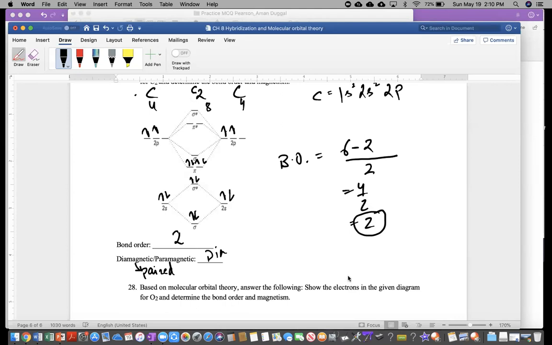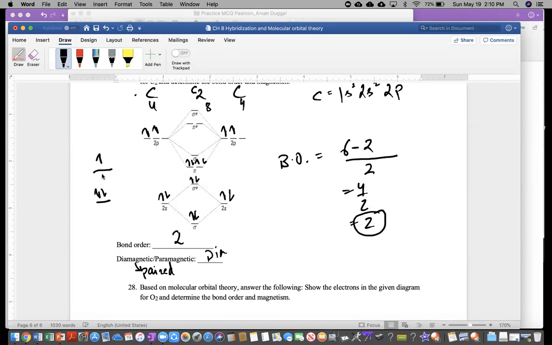Can you explain what you mean by paired and unpaired? Okay, so you see this electron? This is an unpaired electron. If this is my orbital and I draw 1 electron, that's unpaired. If I draw 2, that's paired. They're in a pair. This is not a pair.